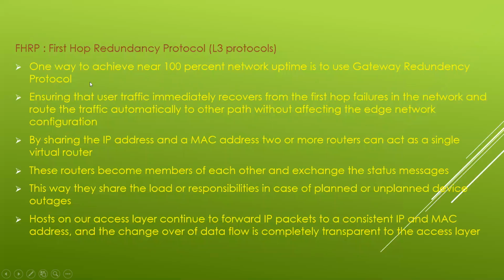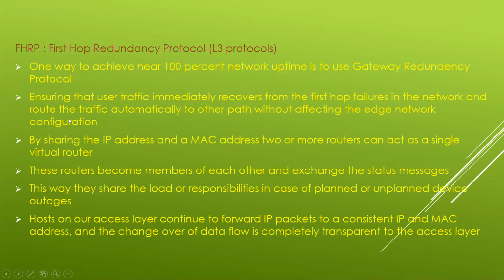Here you need to take these notes. One way to achieve near 100% network uptime is to use the gateway redundancy protocol. How? By ensuring that user traffic immediately recovers from first hop failures in the network and routes the traffic automatically to another path without affecting the edge network configuration.